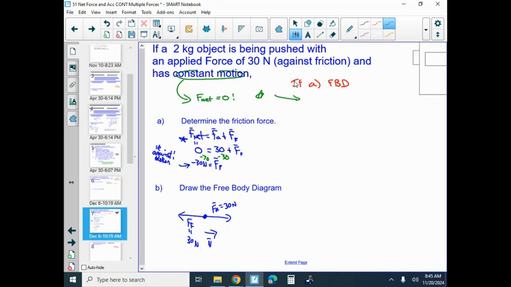So basically you'd have your free body diagram and you'd say, okay, I know I have two forces: the applied force and the friction force. And so they must be the same, right? So just make them about the same size here, in opposite directions, FA and FF.